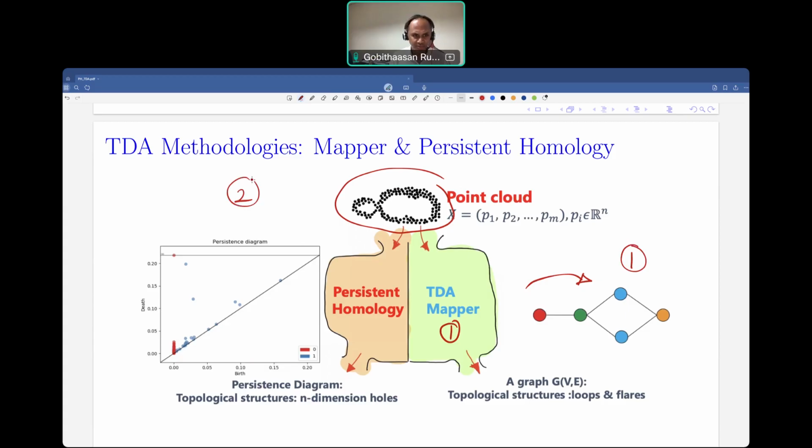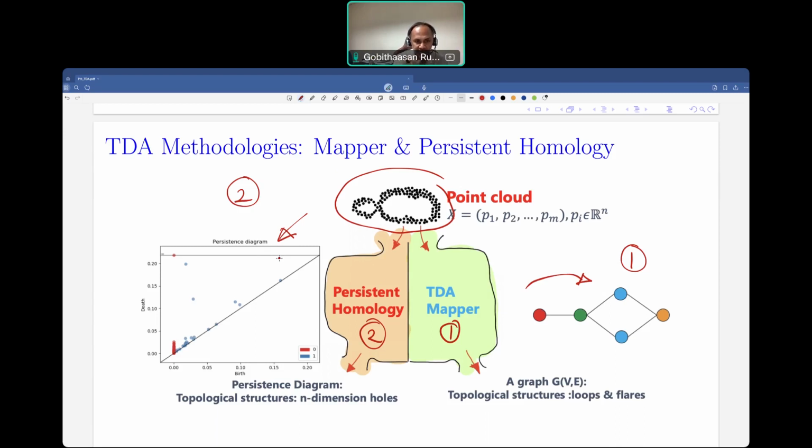The second part here that I'm going to cover today would be persistent homology. So given a data set, you're going to push it into the persistent homology machinery, which is the second part here. You would obtain a persistence diagram. Okay, this is a persistence diagram. This is an example of an output of persistent homology, where from this persistence diagram, you would be able to use this so-called shape information.